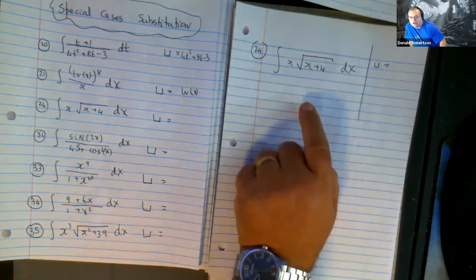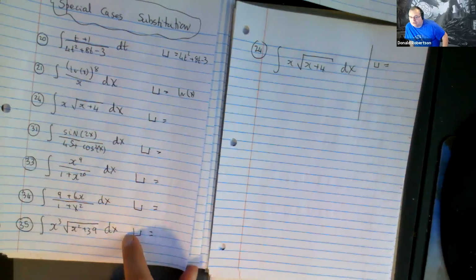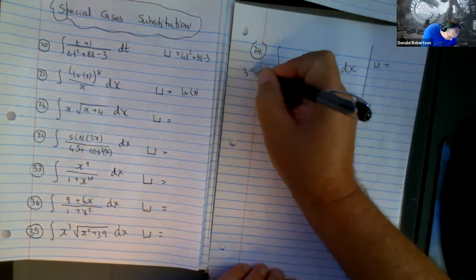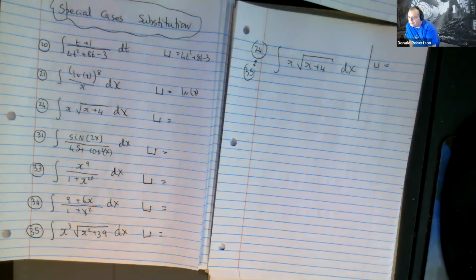Now, this question does not look particularly dangerous. And by the way, 35 is very similar. So if I show you this one, you kind of know the general process for 35. So I'm giving you 2 for the price of 1. First question is always the usual question. What is the U sub? Actually, that's the easy bit. This one does not have a weird U sub.